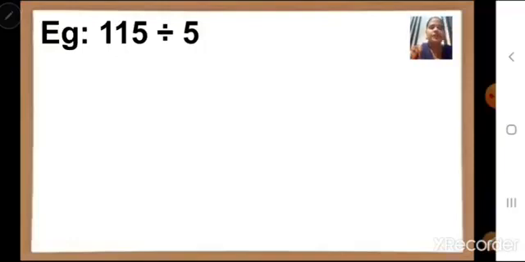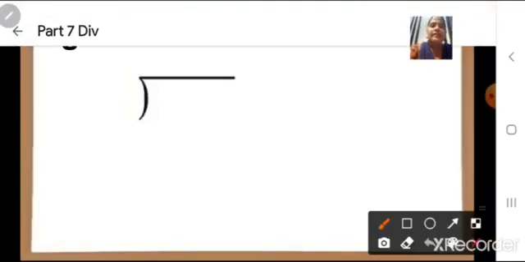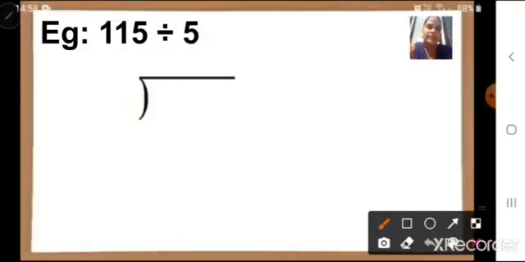First of all we have to draw the bracket, right? After drawing the bracket, we have to write the dividend and the divisor in their places, correct? So I will write 115 here inside the bracket and number 5 here outside, correct?